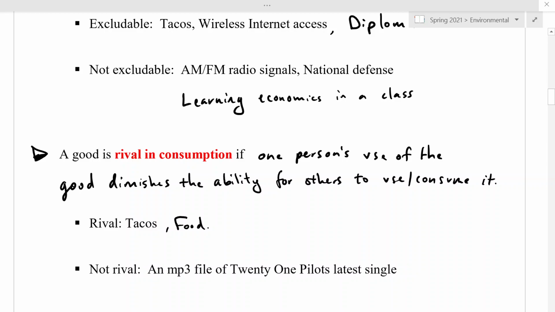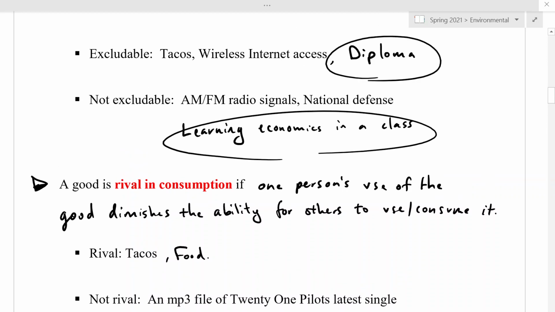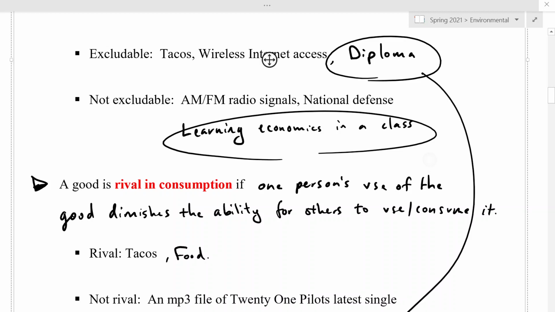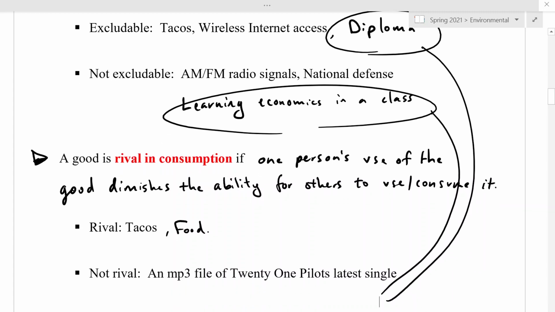Another example could be, actually, maybe both the diploma and the learning. I mean, this one could get a little tricky, right? But theoretically, adding one more person to my class doesn't take away the ability for the others to learn.